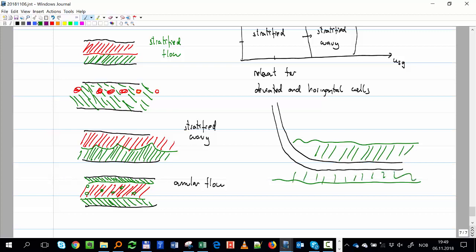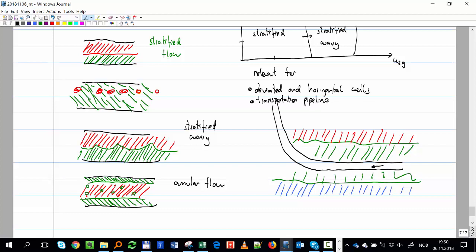Below you can have water, and above you can have gas. So in these wells, you typically have sometimes stratified flow in that section inside the pipe. And it's also important for transportation pipelines. So that's why I think it's important that we mention it.